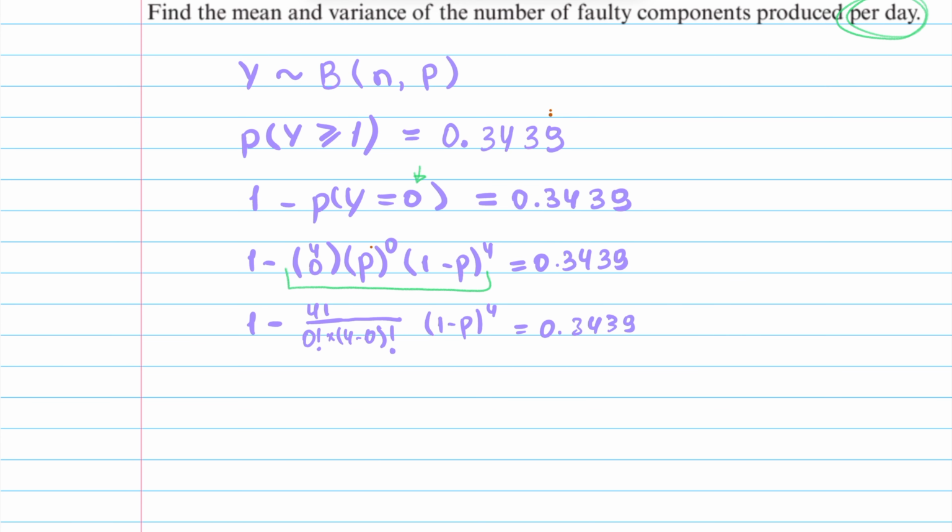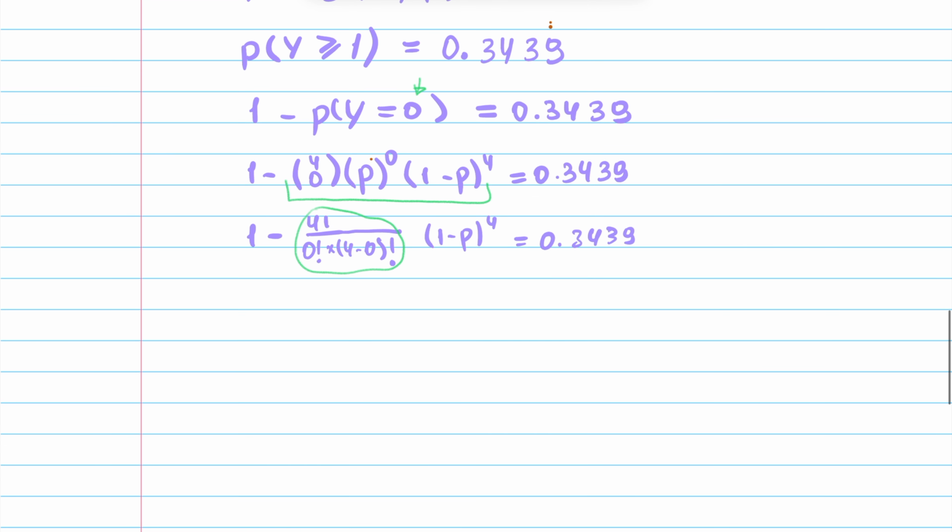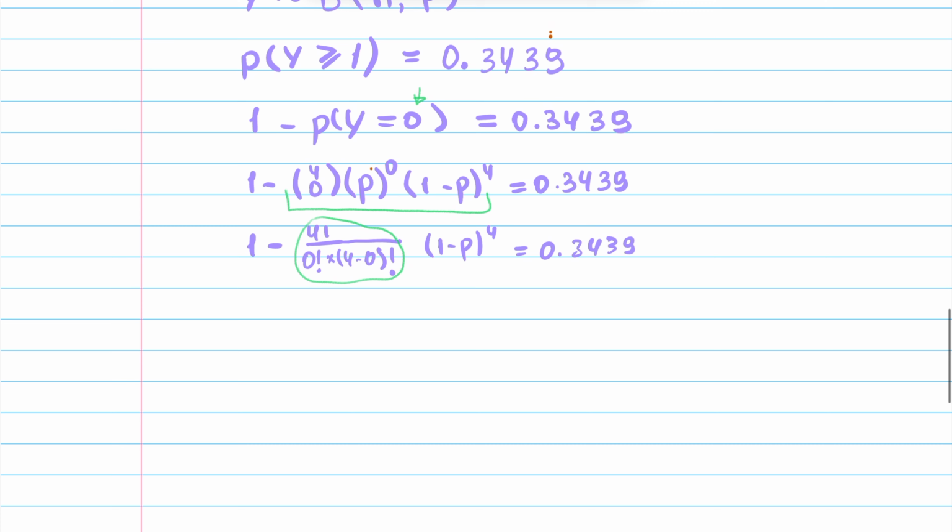You don't have to necessarily write this part, which I did only to show you that it's 1. So that's going to be 1 minus p to the power of 4 equals 0.3439, so 1 minus p to the power of 4 equals 1 minus 0.3439.